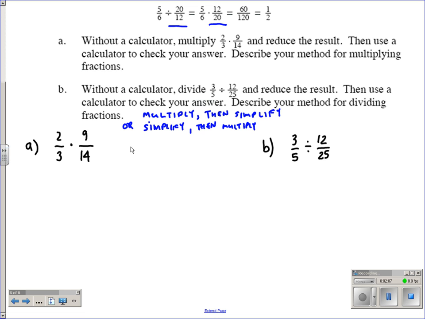So as we look at 2/3 times 9/14, I'll do the multiply then simplify method first. Some of us may have learned that in the past.